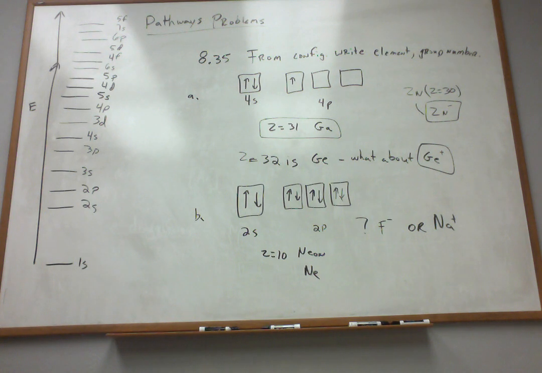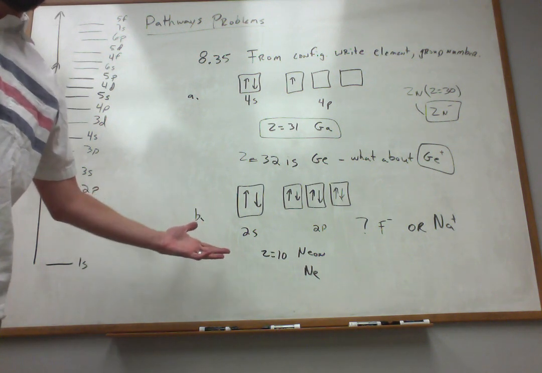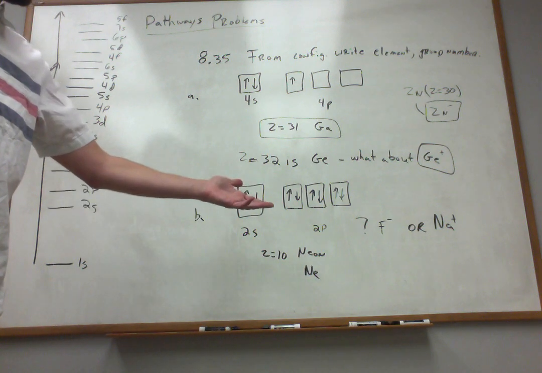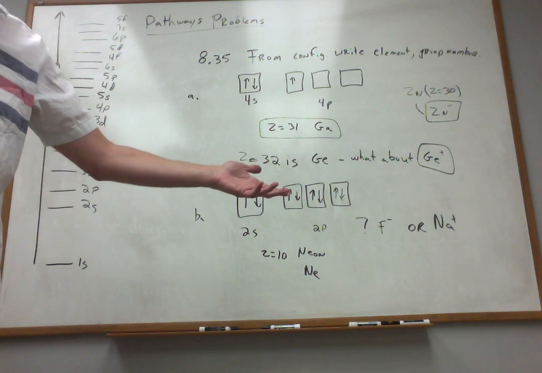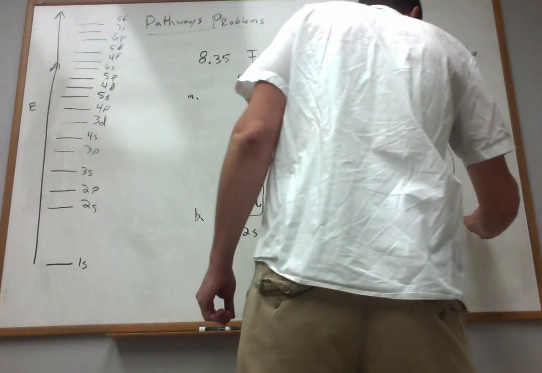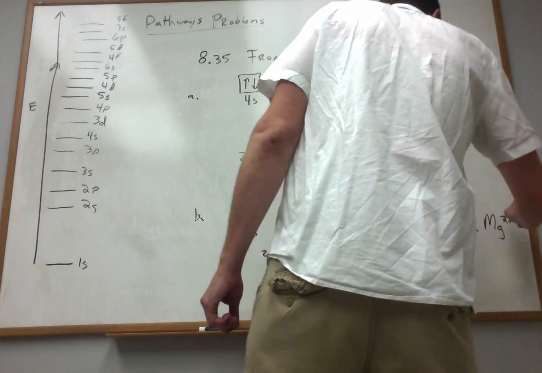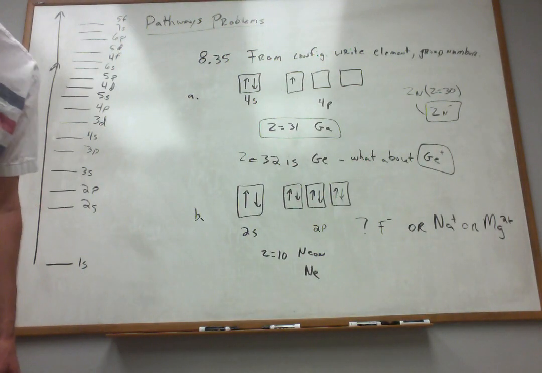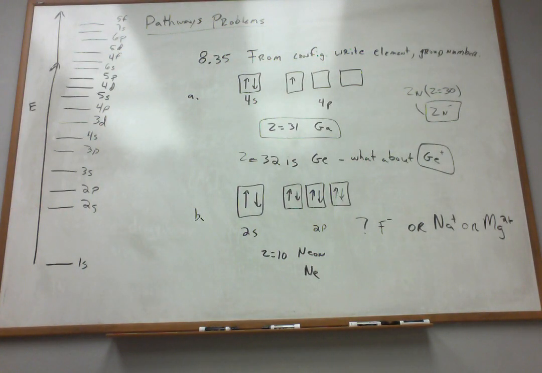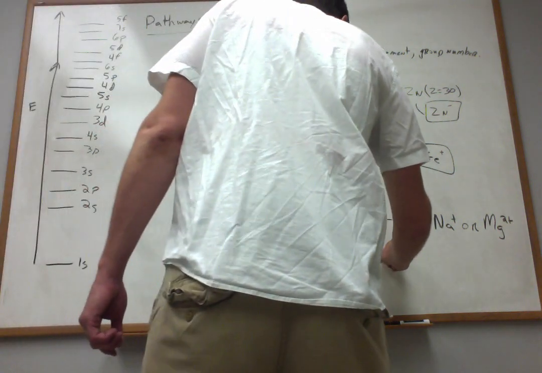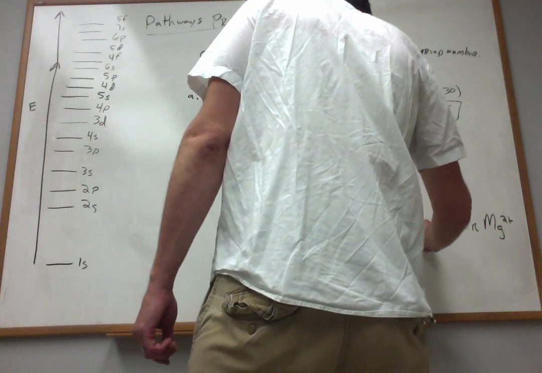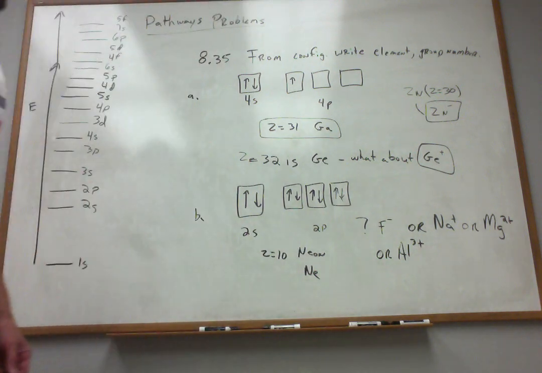So anything with 10 electrons basically would look the same. That could be F minus, fluoride. It could be sodium plus 1. It could be magnesium 2 plus. That's another possibility that's going to have the same electron configuration. Or maybe aluminum 3 plus. It's just an aluminum atom that's lost 3 electrons. It'd be isoelectronic with neon.